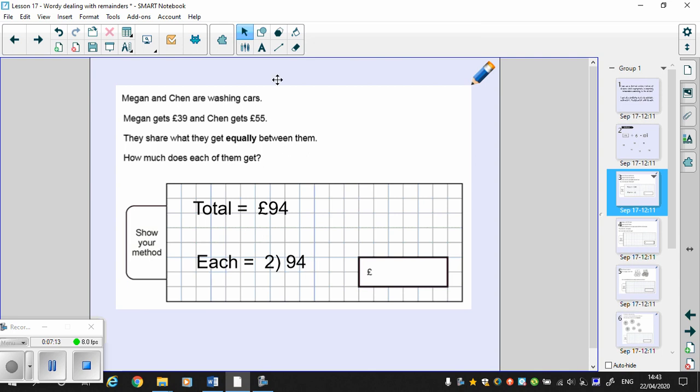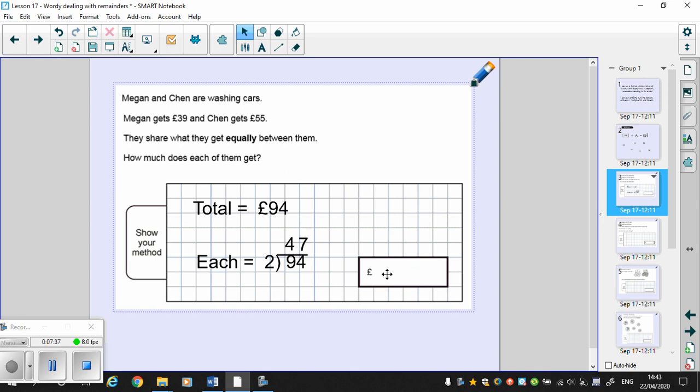So then I'm going to draw myself a line to put for the gazinta. Yeah, this is looking good. 2's into 9 goes 4 with, oh, not a bad place, with 1 left over. 2's into 14 goes 7, giving me £47 each.